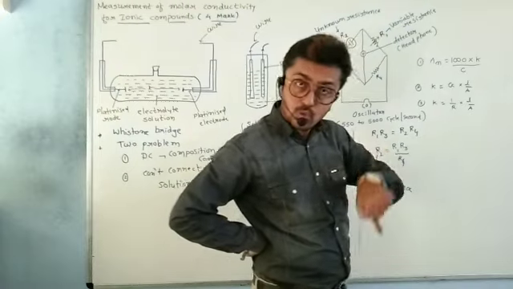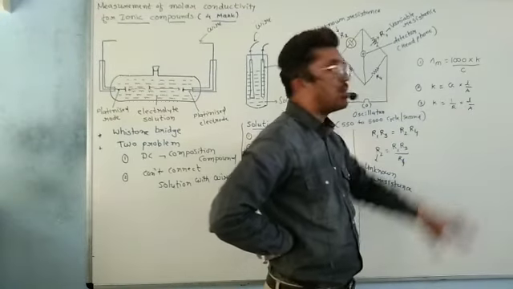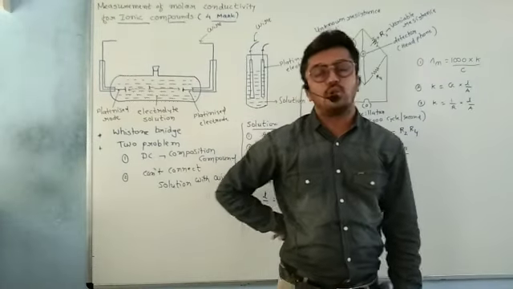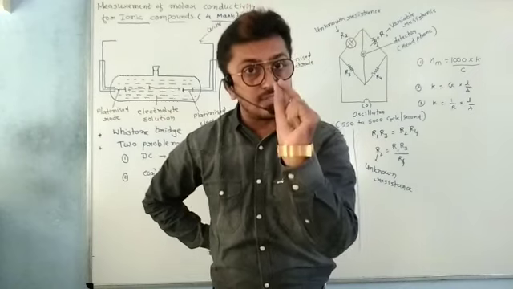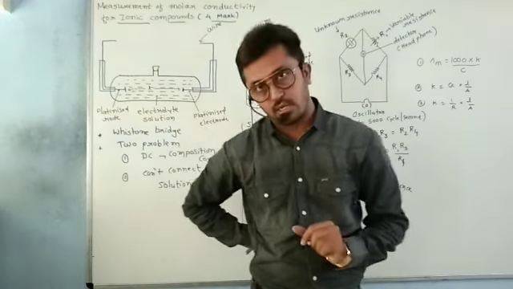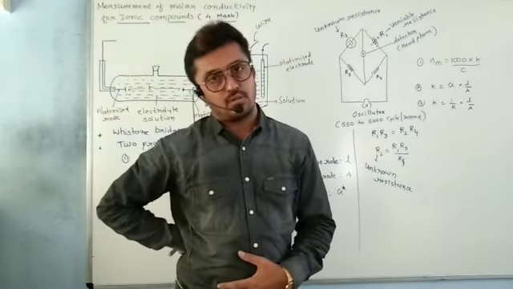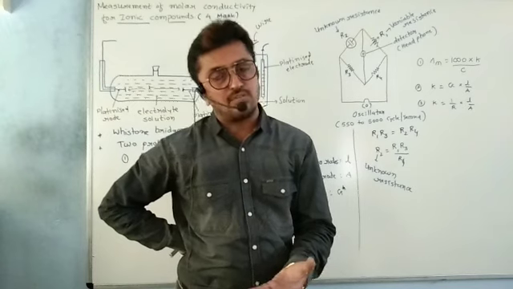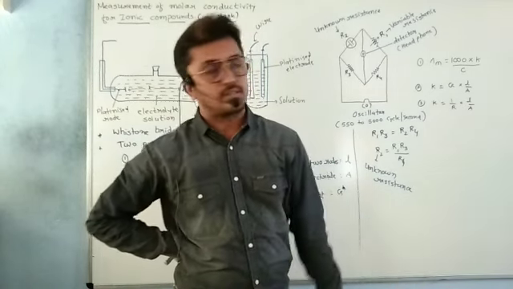And to find G, we will use 1/R × L/A. So to find molar conductivity, K, the specific conductivity, is a very important factor. Nowadays, IUPAC accepts specific conductivity as conductivity, but the units are different.